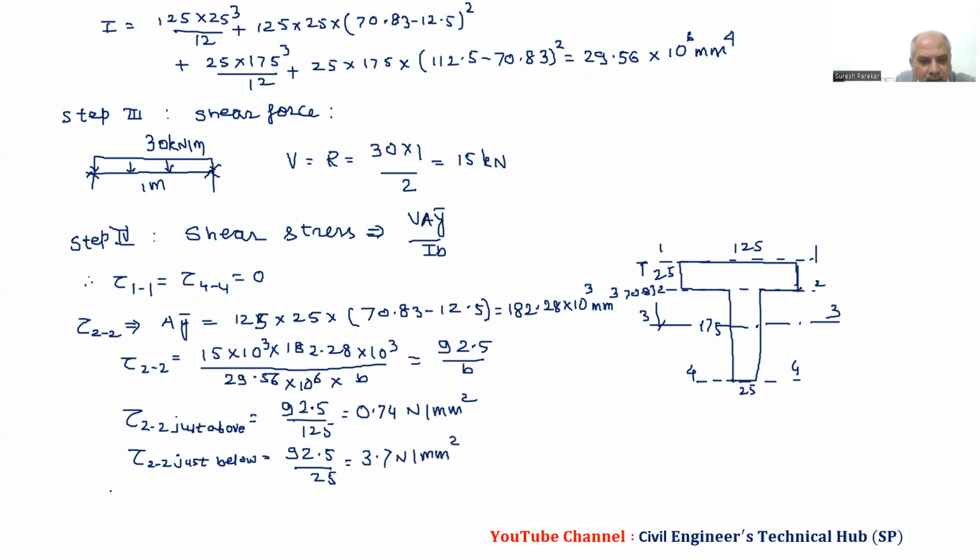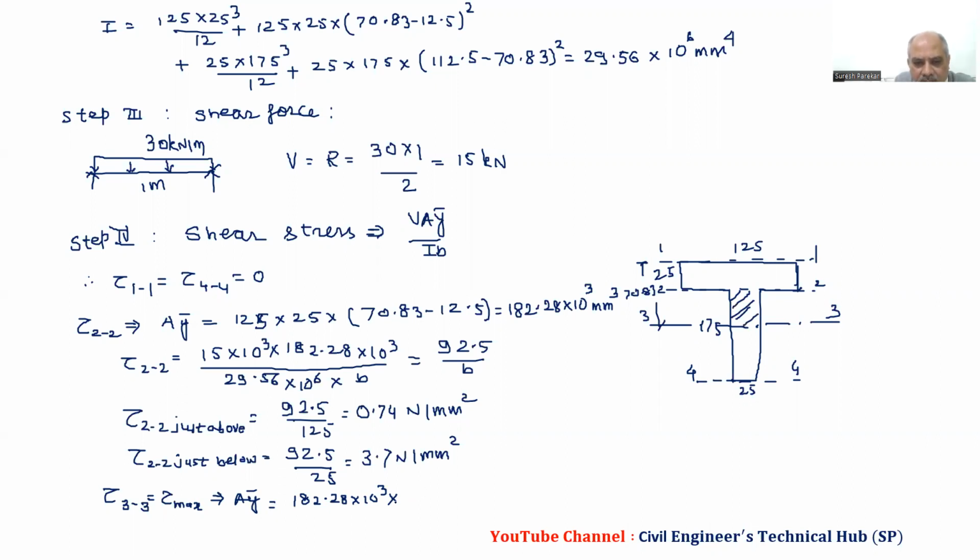Now we have tau max, which is tau 3 3, which is at the neutral axis. And then we have A Y bar over there. So first A Y bar will be as it is, 182.28 into 10 raised to 3, and we have to add the remaining of this portion.